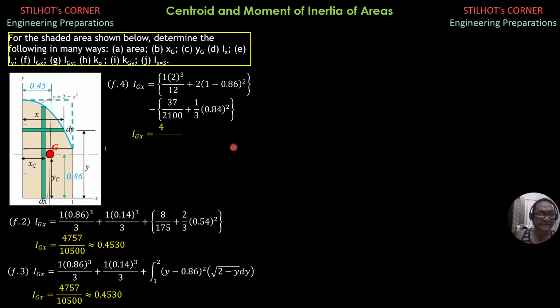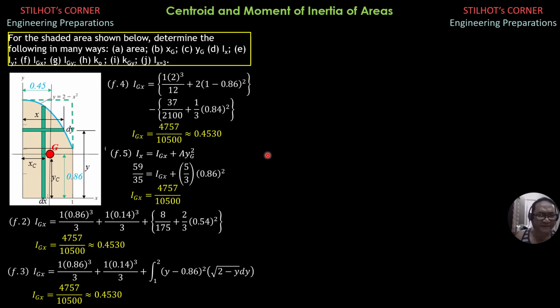So computing, it is the same, 4757 over 10,500 or 0.453. And the last is Ix equals IGX plus area times YG squared. We already computed Ix. It was 59 over 35 equals IGX plus area 5/3, YG is 0.86, quantity squared. So you'll get the same answer, 4757 over 10,500 or 0.453 approximately.